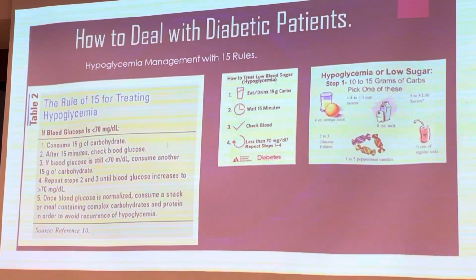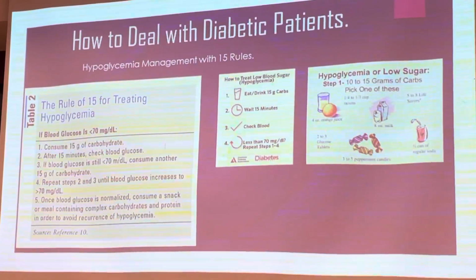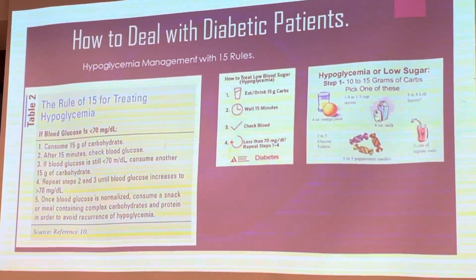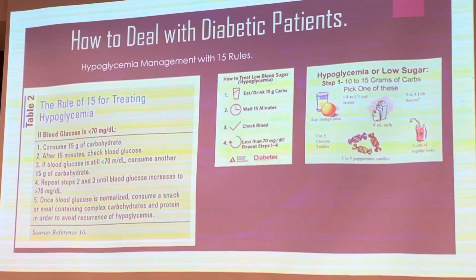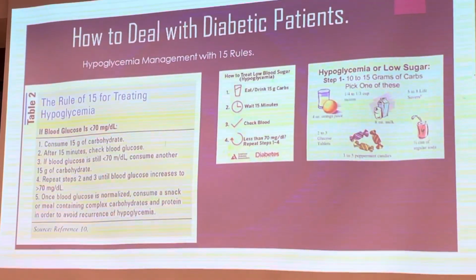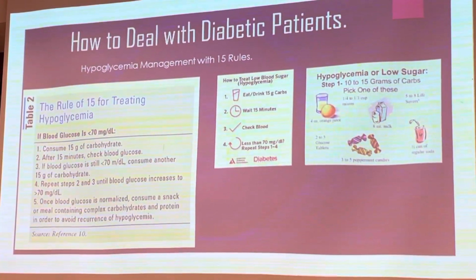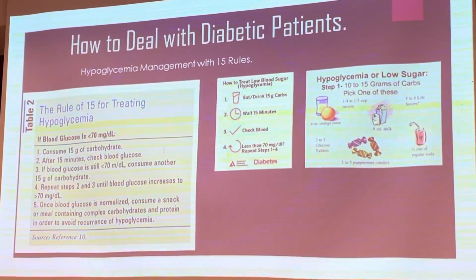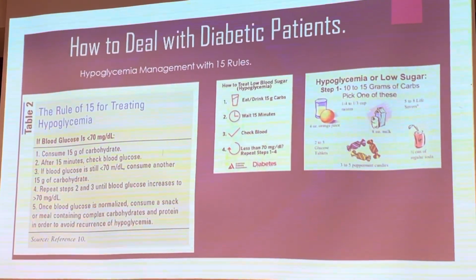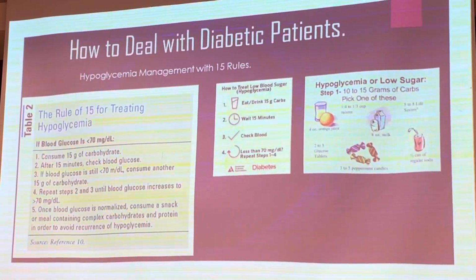If the blood sugar is above 70, you give a complex carbohydrate like a small sandwich, 1 cup of yogurt, or 1 cup of milk. If after 15 minutes, when you check, you receive a blood sugar below 70, no, you will not give complex carbohydrate. You will give simple carbohydrate again, half a cup of juice.